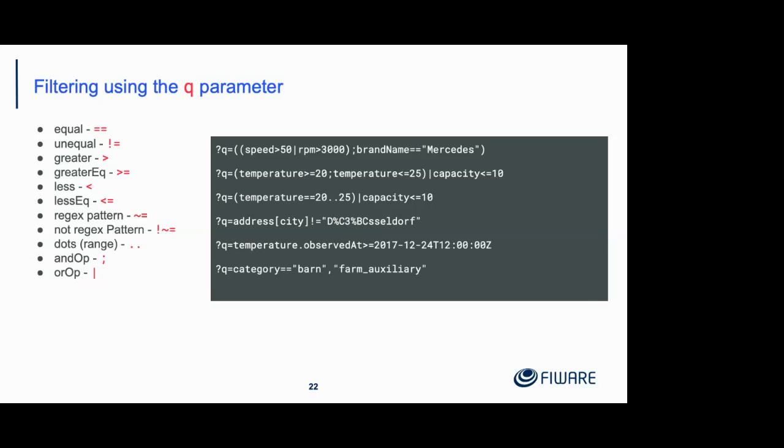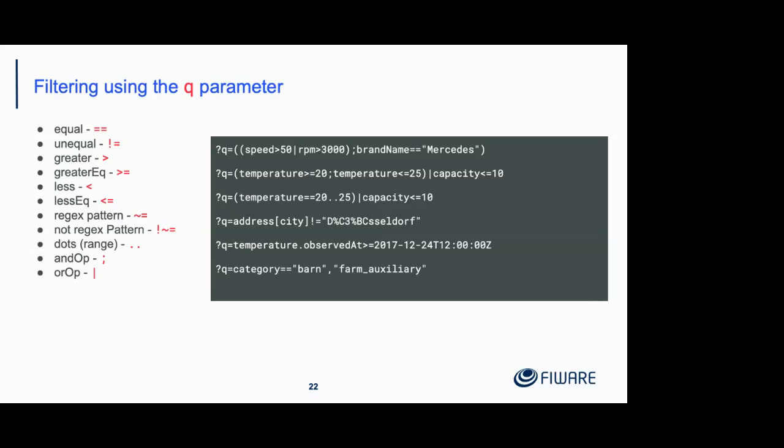There is a difference between the V2 and the LD syntax here, in that the dot, temperature dot observedAt, will give you the property of a property or relationship of a property, whereas the square bracket will give you the sub-attribute of a value.